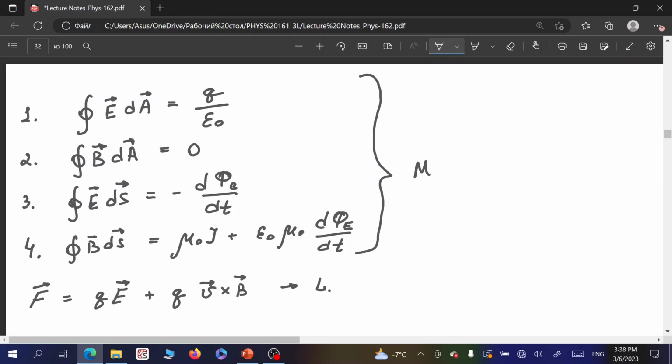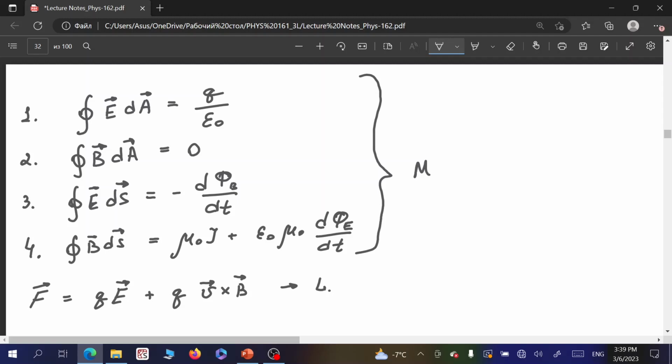And this system of four equations is completed by the fifth equation, which is the Lorentz equation. It tells us the net force exerted on an electric charge placed in an electromagnetic field. So the combination of these equations provides all information about the electromagnetic field and forces exerted on electric charges.